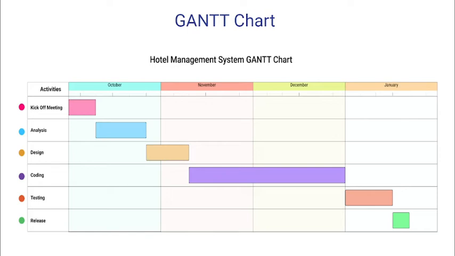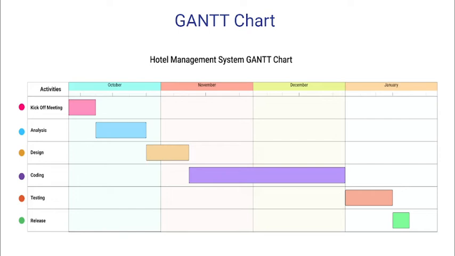Then it's time for the analysis part activities. After finishing the meeting, we started to do different types of analysis of this project, where we discussed the case study, finding issues and problems, project goals, feasibility analysis, and cost benefit analysis.